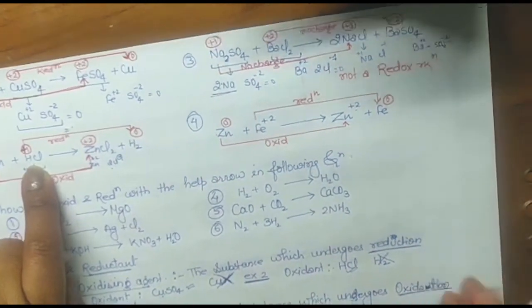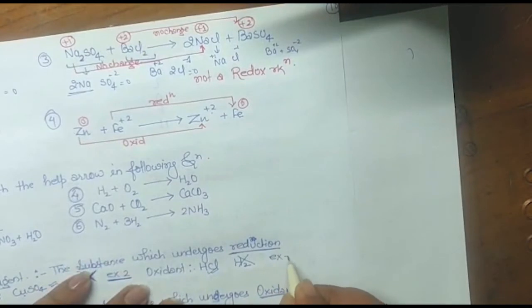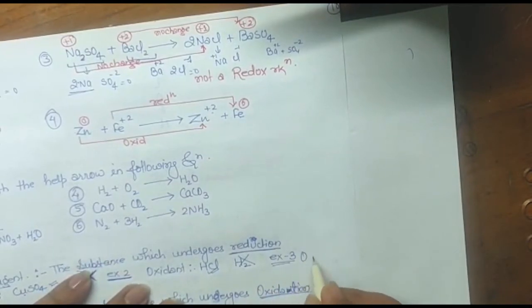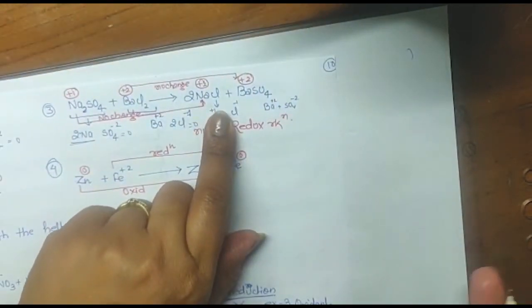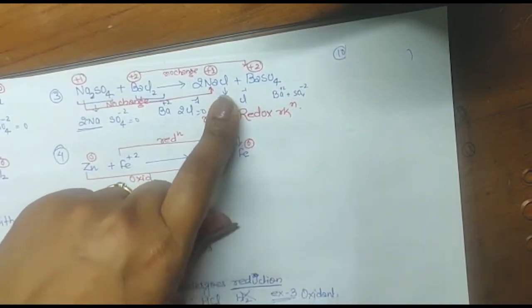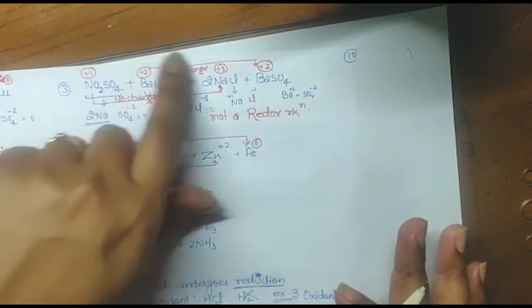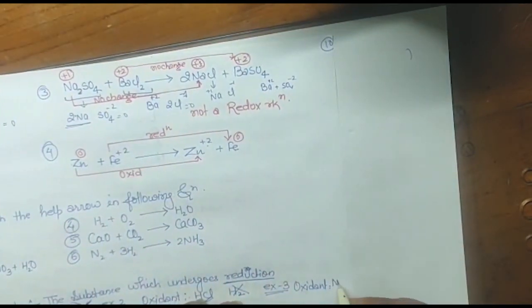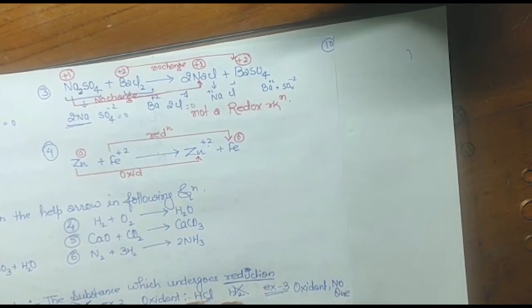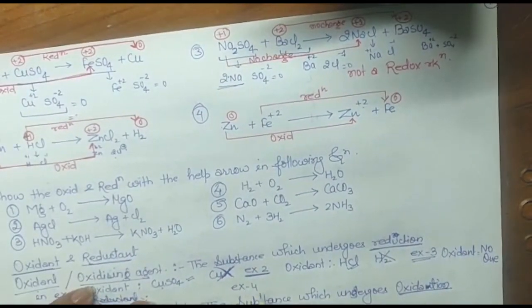Clear? If I ask in example 3, which one is oxidant? Since there is no oxidation reduction, there won't be any oxidant or reductant. It's not a redox reaction. So that's why no oxidant and no reductant. So what will you write? No one. Clear? Now the same thing I will ask in example 4.